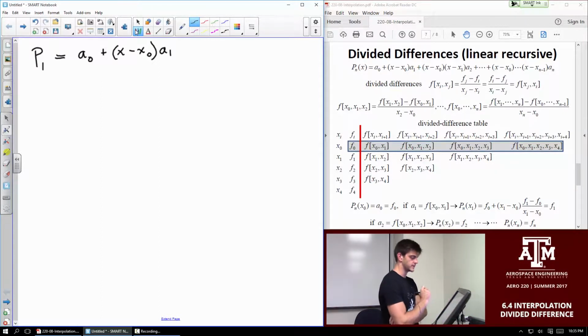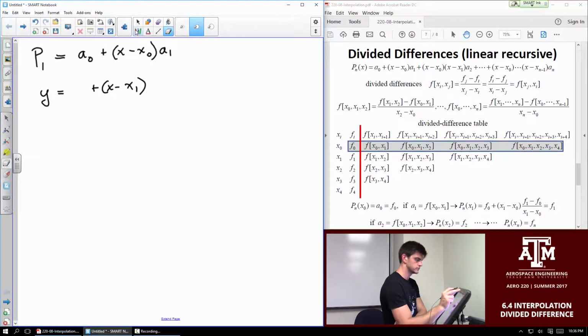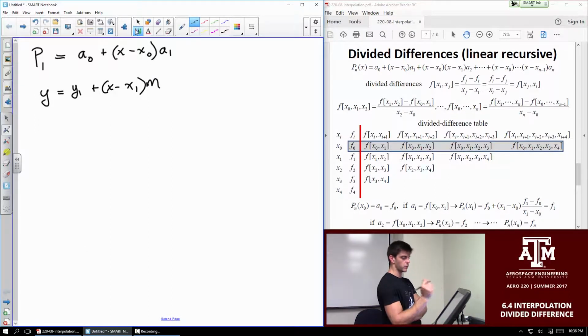X sub naught is some data point, and this is equivalent to y is equal to y sub 1 plus x minus x sub 1 times m, or something like that. It's point slope form, essentially.